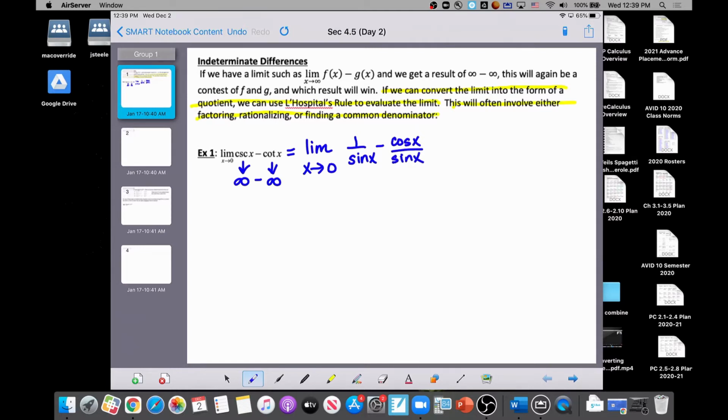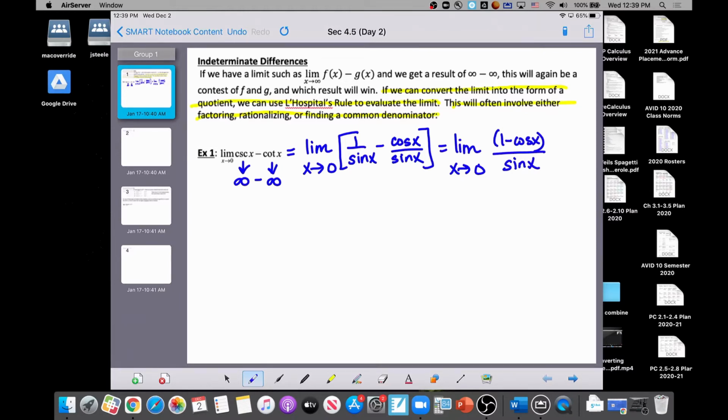So it looks like I have two fractions that already have a common denominator. So I could rewrite this as the limit as x approaches 0 of 1 minus cosine x divided by sine x.